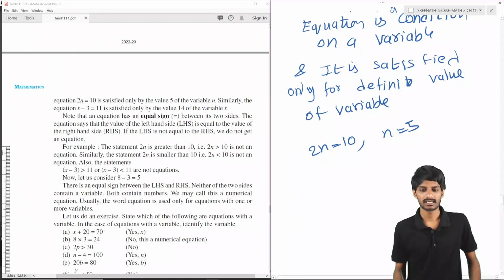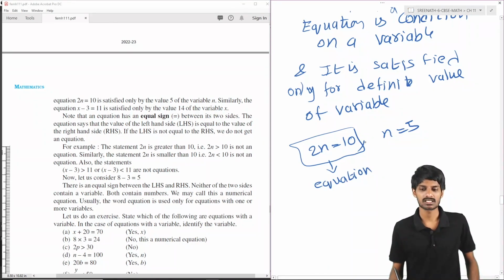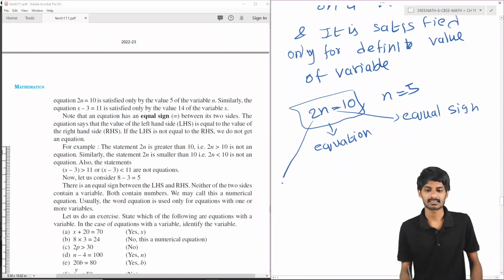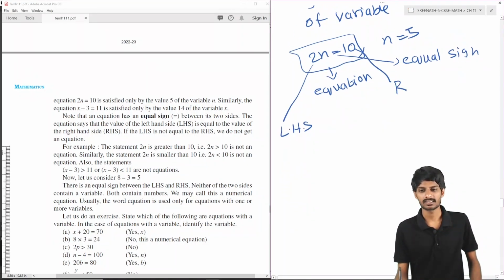So students, here we call this the equation, and this is the variable, and there is an equal sign between two sides. So we call the left of the equal sign LHS, and the right of the equal sign RHS. What is meant by LHS?